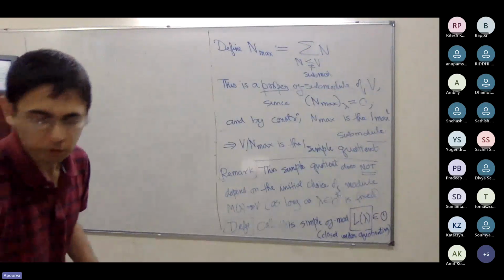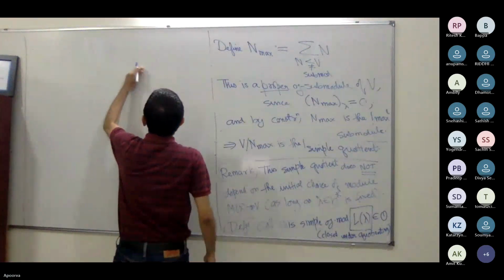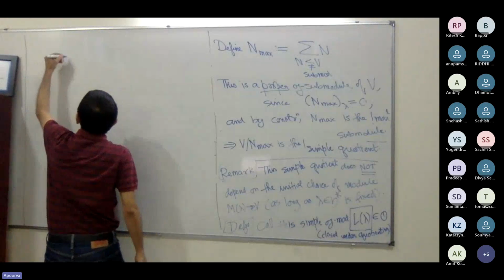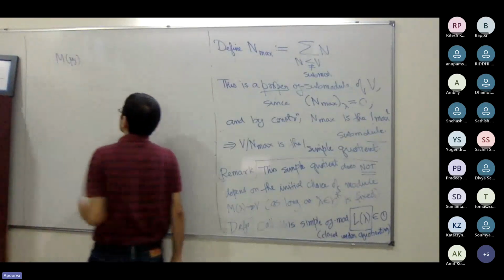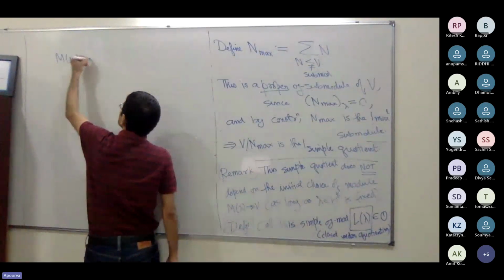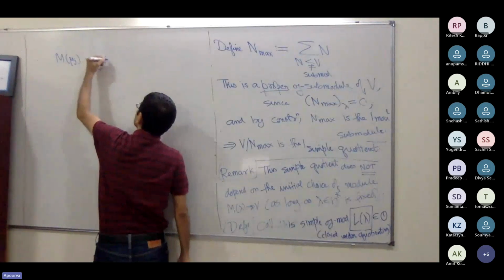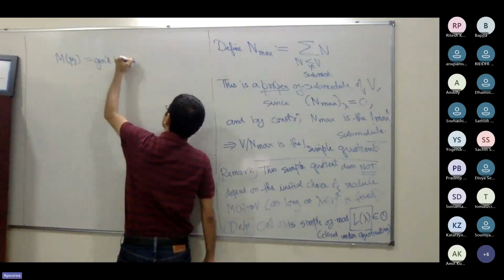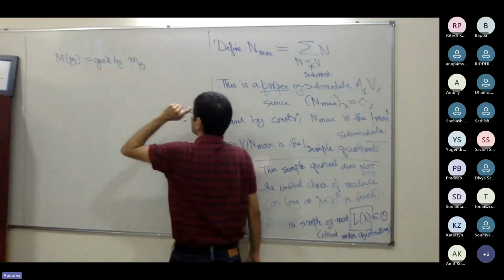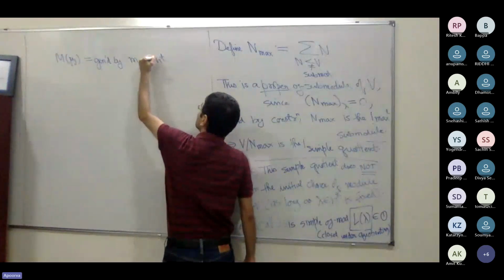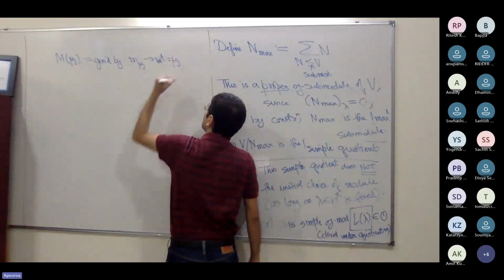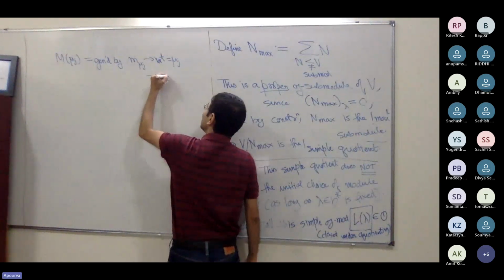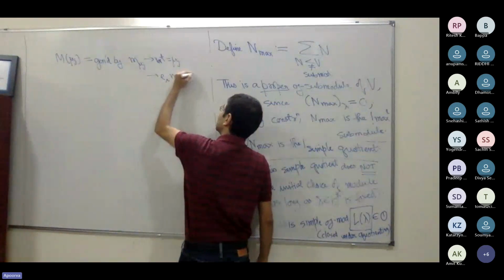So remember what a Verma module is. A Verma module, or any highest weight module, M mu j, is generated by some vector m mu j, let's say. Weight is mu j, and e_i m mu j is 0.